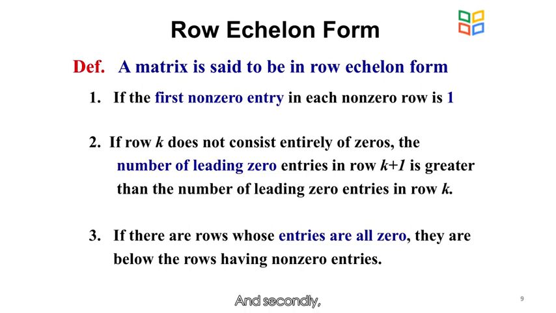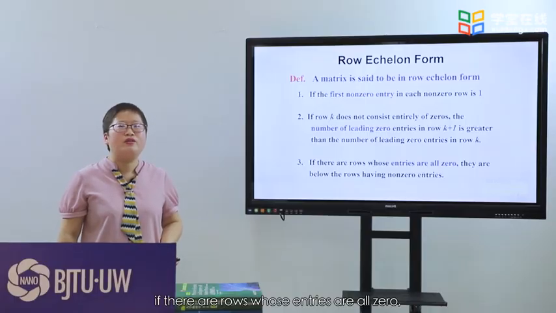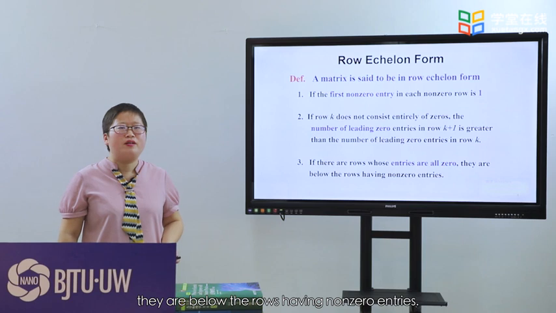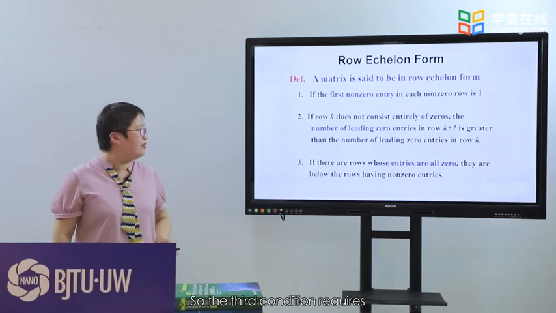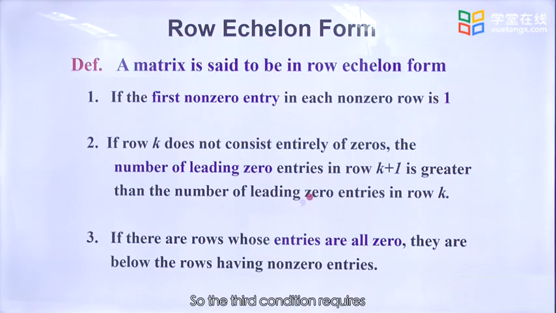And second, if row k doesn't consist entirely of zeros, the number of leading zero entries in row k plus 1 is greater than the number of leading zero entries in row k minus 1. And thirdly, if there are rows whose entries are all zero, they are below the rows having non-zero entries. So the third condition requires all the zero rows to be at the bottom of the matrix.